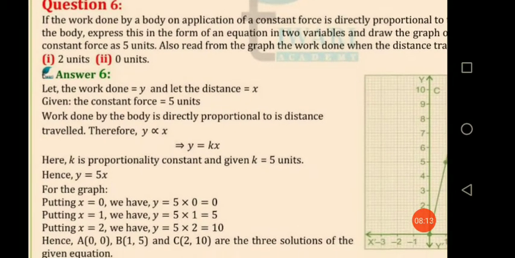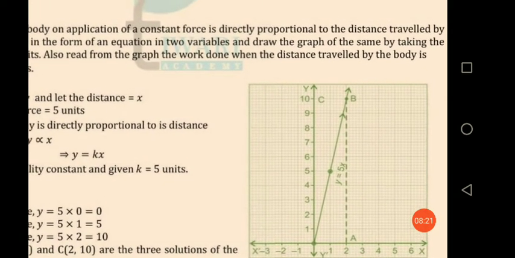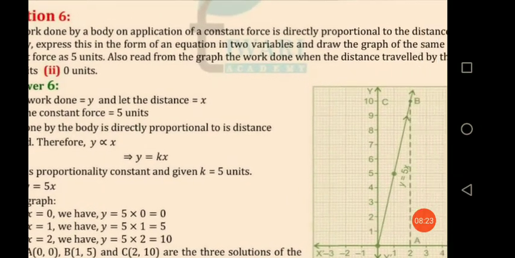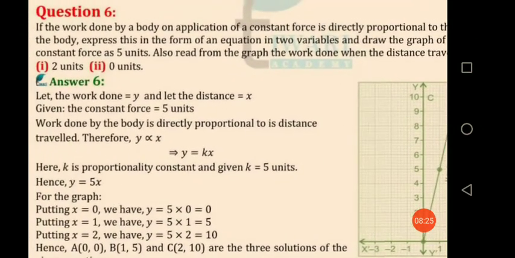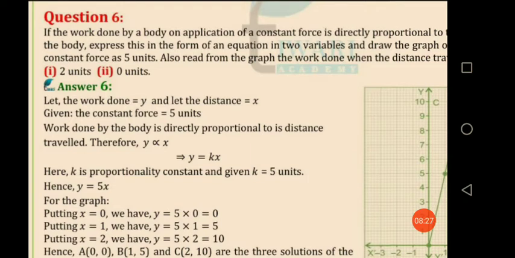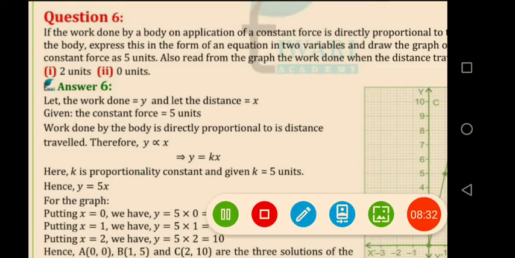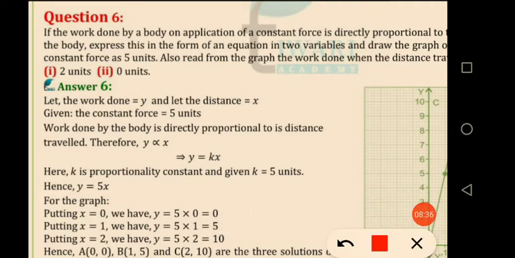Express it in the form of an equation of 2 variables and draw the graph of the same by taking the constant force as 5 units. Then we have to read the graph for when the distance traveled is 2 units and when the distance traveled is 0 units.